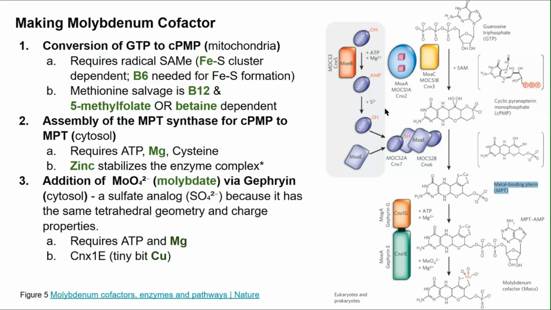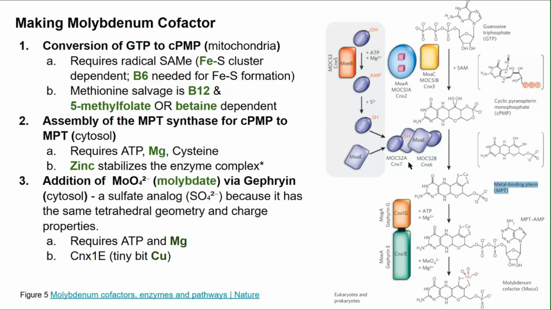And this sulfur molecule right here that is needed for the next step, these two enzymes, that comes from cysteine. Okay, so it requires the assembly of MPT synthase for CPM to MPT.